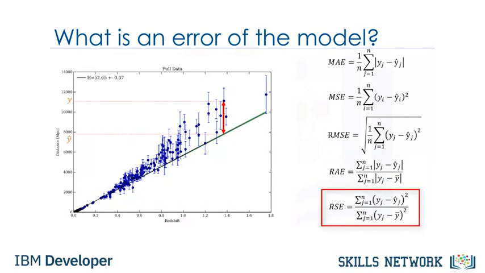Relative squared error is very similar to relative absolute error, but is widely adopted by the data science community as it is used for calculating R-squared. R-squared is not an error per se, but is a popular metric for the accuracy of your model. It represents how close the data values are to the fitted regression line. The higher the R-squared, the better the model fits your data.